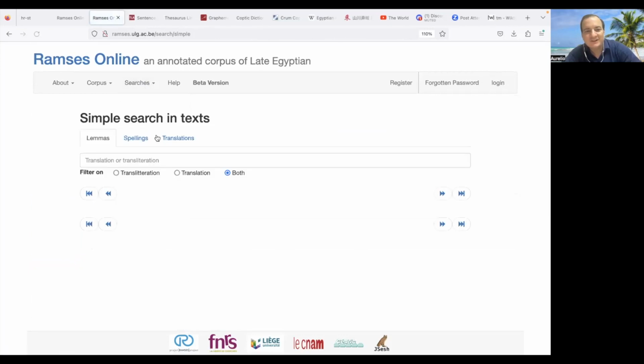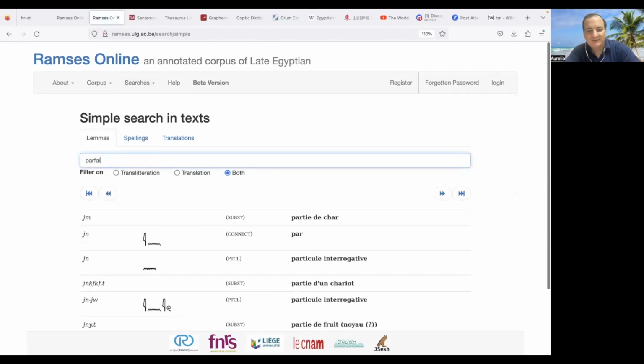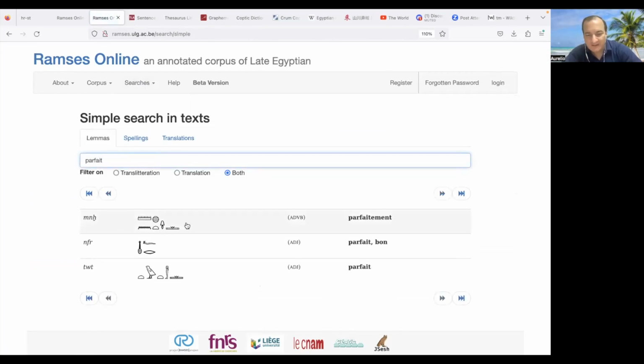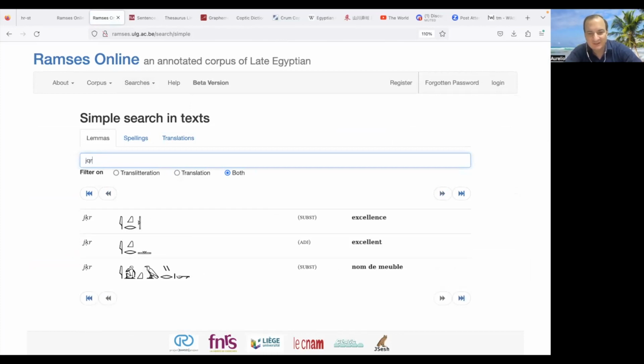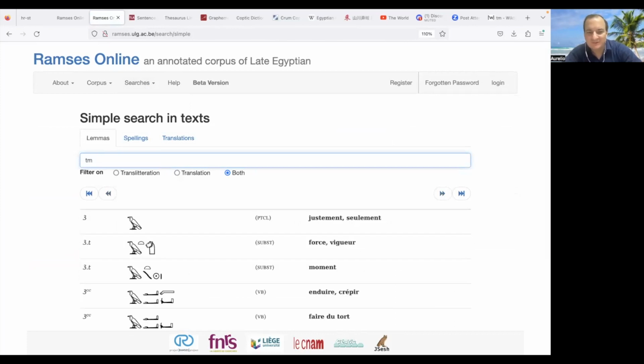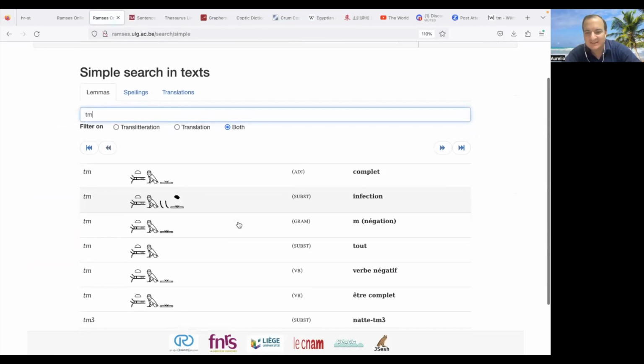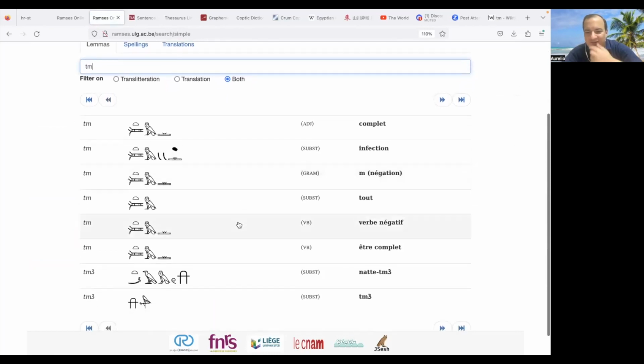Now for parfait, menig comes to mind. I would have added iker maybe to the list as well that we've talked about before. Well, that merely means excellent. I don't think tem is being used in that sense in Egyptian, at least not in late Egyptian.